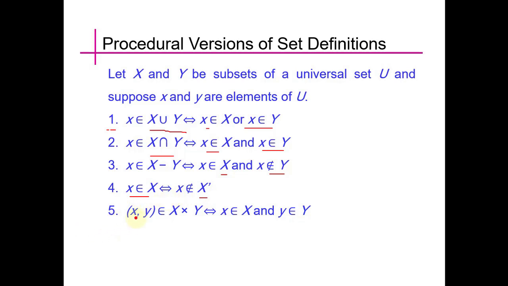On the fifth, we see an ordered pair (x, y) belongs to the Cartesian product of X and Y if and only if x belongs to X and y belongs to Y.